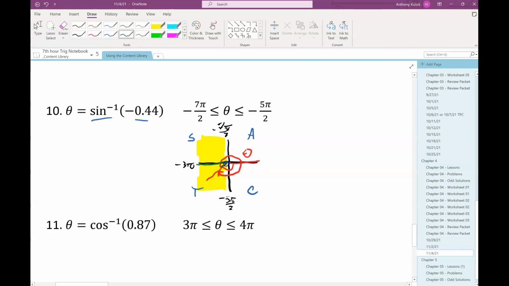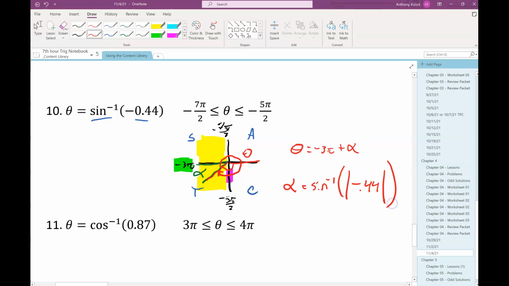So my alpha is here. Since theta is negative and the last axis I passed was vertical, I'm going to be adding alpha. And I'm going to be adding alpha to the other, or the end of the x-axis that alpha uses. So -3 pi. Where alpha is just sine inverse, absolute value 0.44. Or -0.44, I should say.